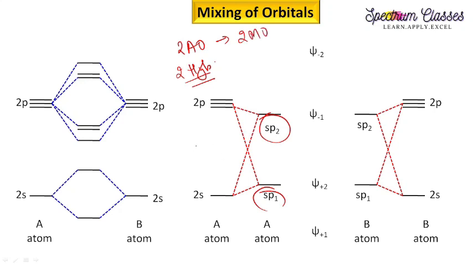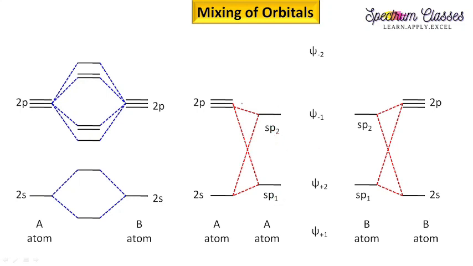Two orbitals mix, one s and p, so we will get sp and sp, hybridized orbitals. So this is just the designation 1 and 2. One hybridized orbital is this, second hybridized orbital is this. So that is why I have written over here.